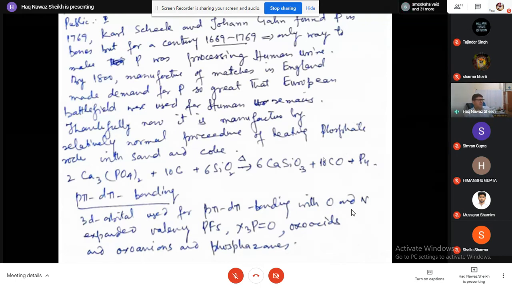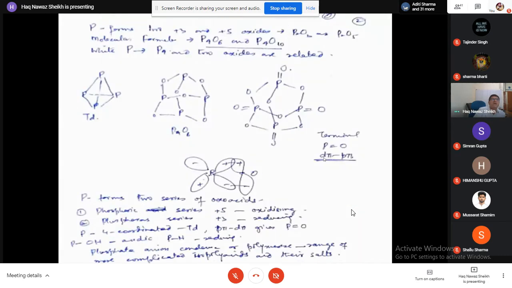So usually phosphorus can be trivalent, it can be pentavalent, or sometimes, though very unstable, +1 oxidation state is also there, but stable oxidation state is +5. So phosphorus forms +3 and +5 oxides.